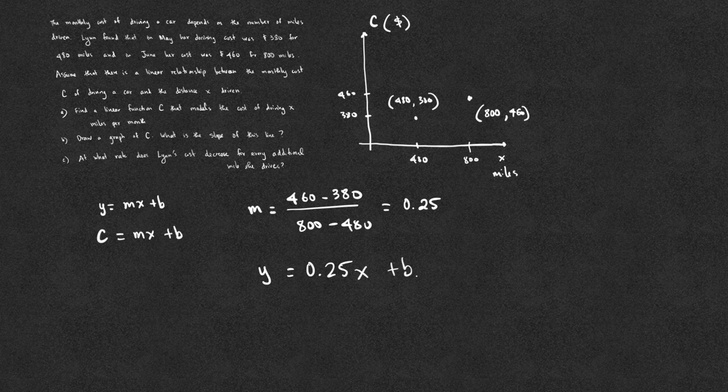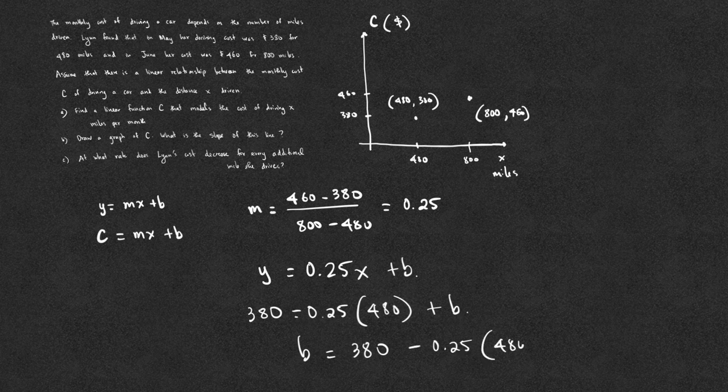To find b, we use any given point. When y is 380, the corresponding x is 480. This will allow us to isolate b. b is 380 minus 0.25 times 480, and this will be 260.